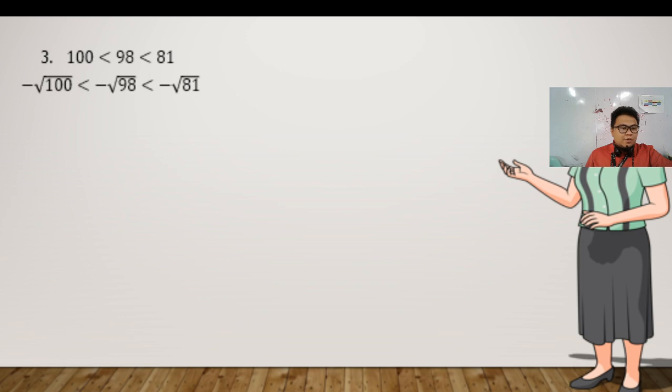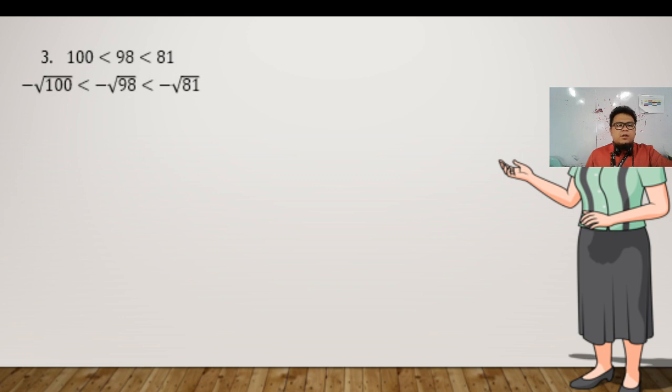I know what you are thinking: 81 and 100. We write 100 first because it is negative. The greater the number, the lesser it is when negative. So that is negative square root of 100, negative square root of 98, and negative square root of 81.